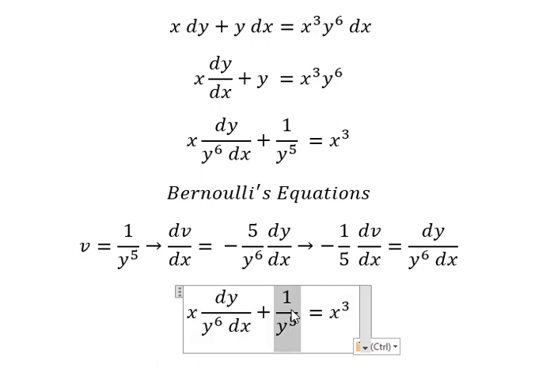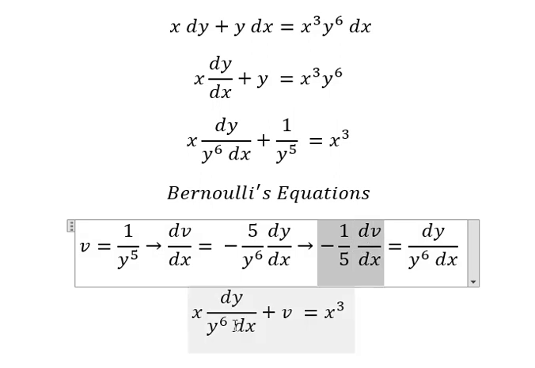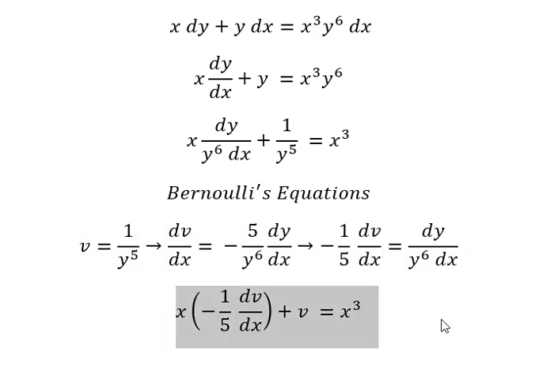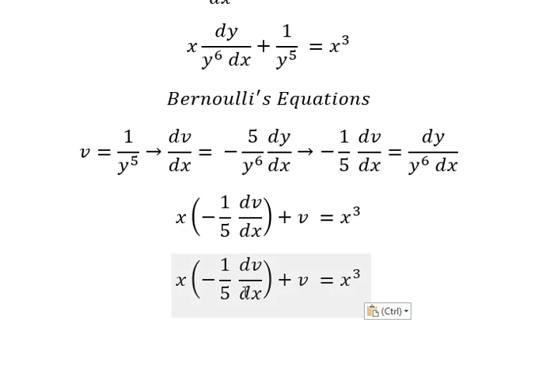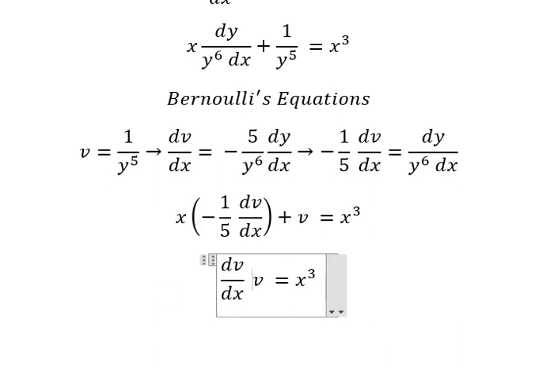So this one we change for v, and this one we change for this one. So we divide both sides by negative 5 over x, for both sides, and we have this.